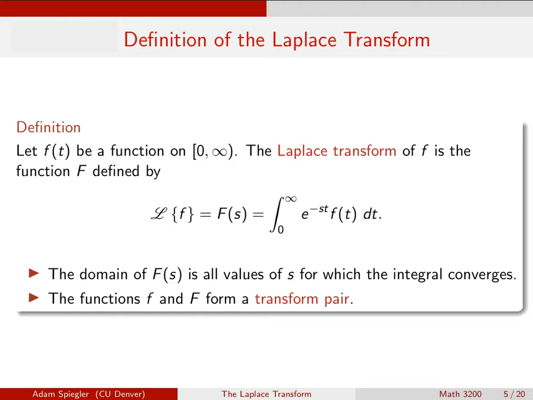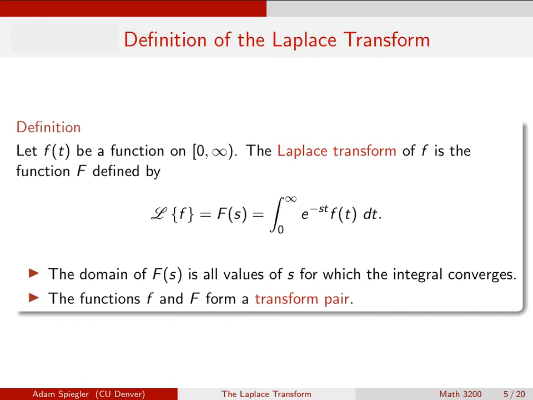So what the Laplace transform of a function f of t is: we're going to take some function f that is a function of t, and it's going to be defined for at least all values of t greater than or equal to 0.